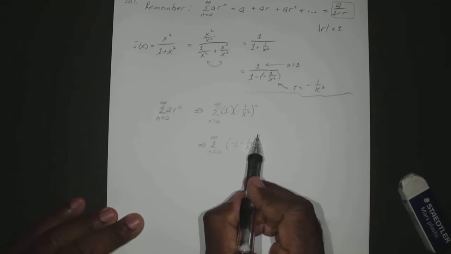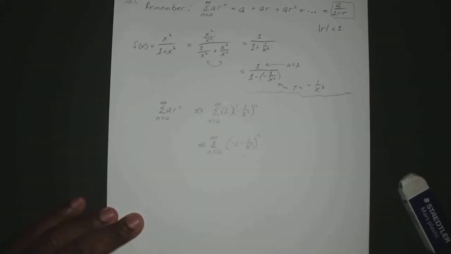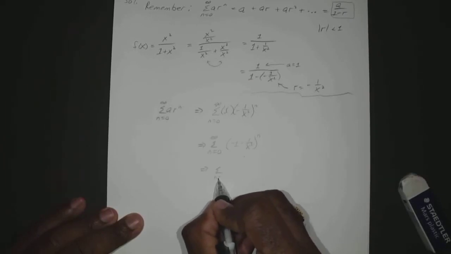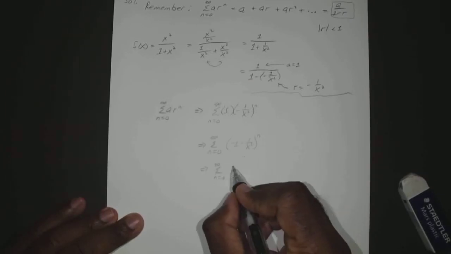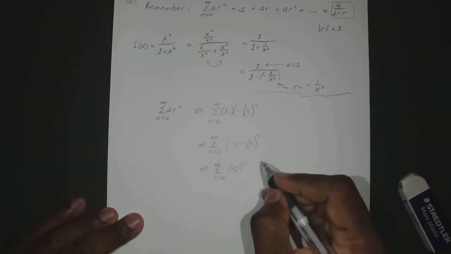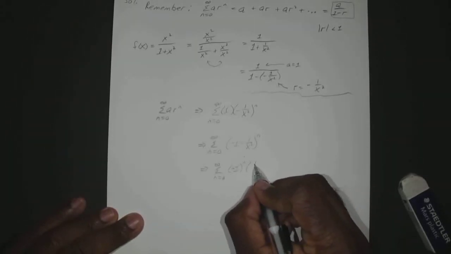Okay, so by the power of a product rule for exponents, you can distribute that nth power to both of those factors. So that gives you the sum from n equals 0 to infinity of negative 1 to the nth power times 1 over x squared to the nth power.